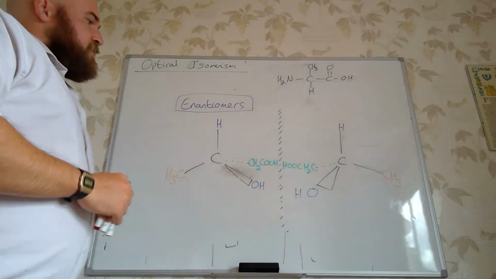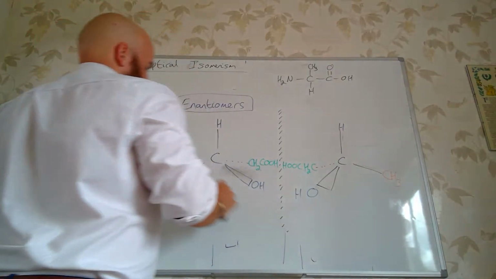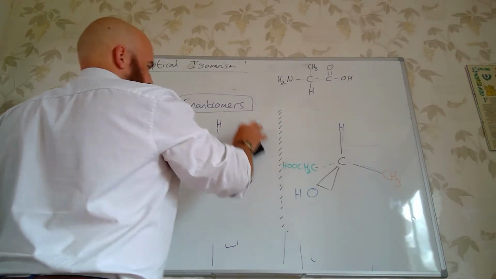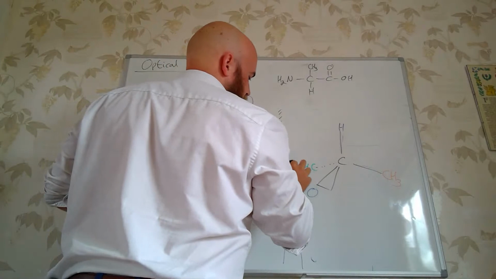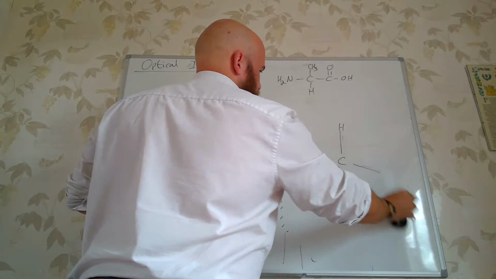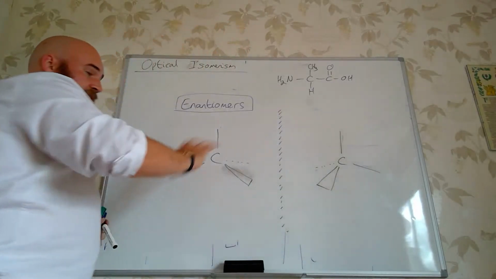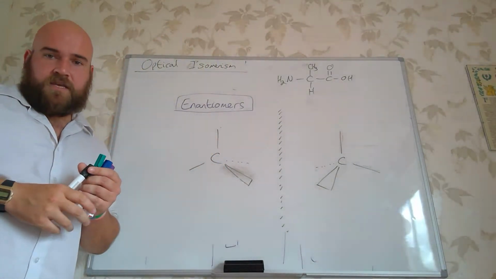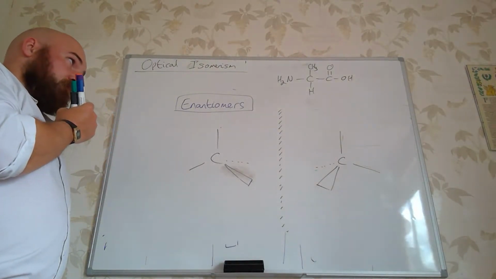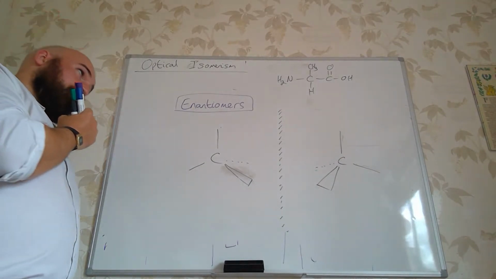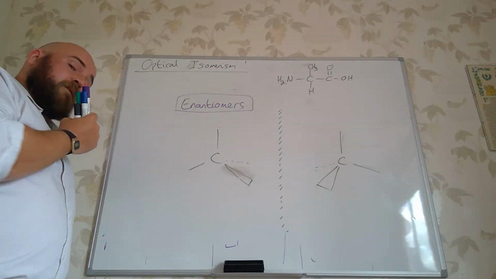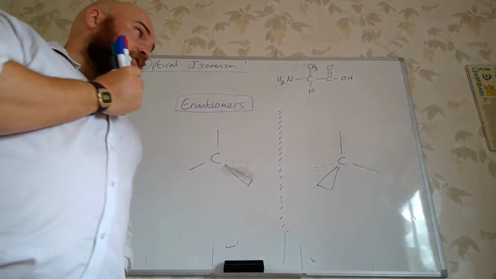So again, could you turn that into a pair of enantiomers? Is there a chiral carbon anywhere? So have a go at drawing both. I'll give you about 3 or 4 minutes to have a go at that. So set out your tetrahedrons, and then give it a go. And for a bonus point, can you name that molecule?